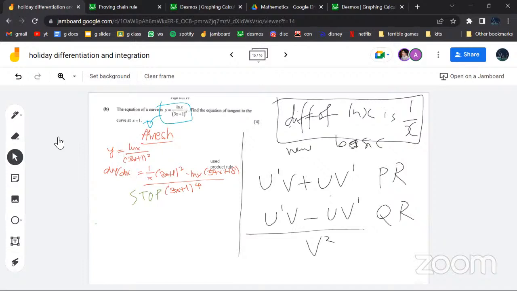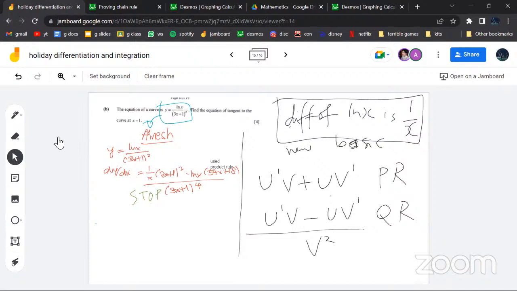Kyoko, you are stuck, yes? Your first step is to pretend that the inside is W, correct? Yeah. Second step is? Differentiate, because it now looks basic. What's the differentiation of W squared? You have no idea?